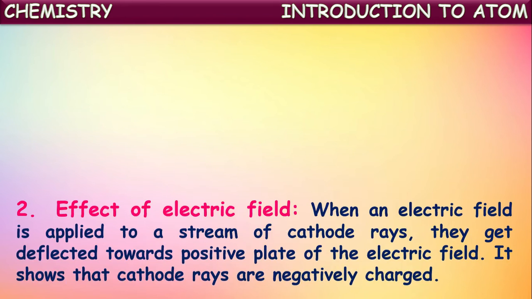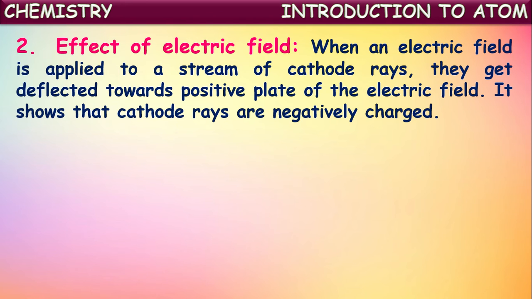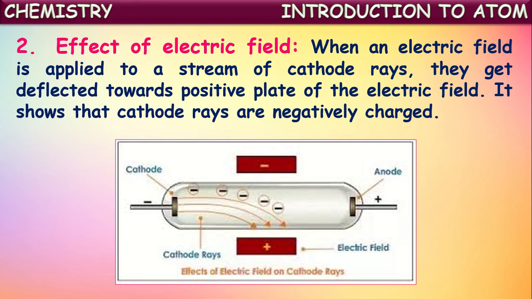Another property: the effect of an electric field on these cathode rays. When an electric field is applied to a stream of cathode rays, they get deflected towards the positive plate of the electric field. Cathode rays move in straight lines, but if an electric field is introduced from outside in their path, then instead of moving in straight lines, they bend towards the positive electrode.